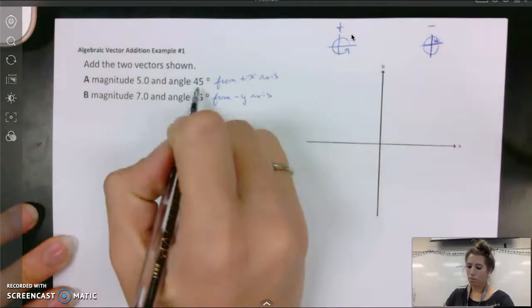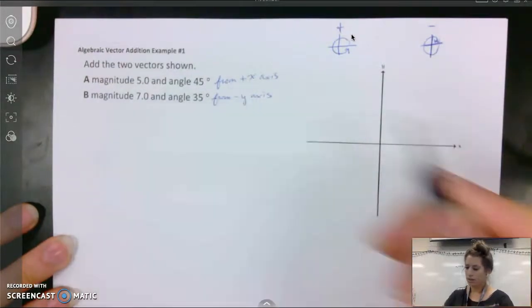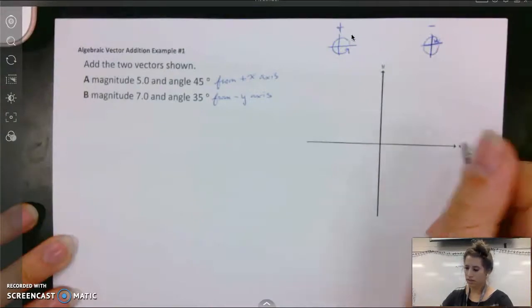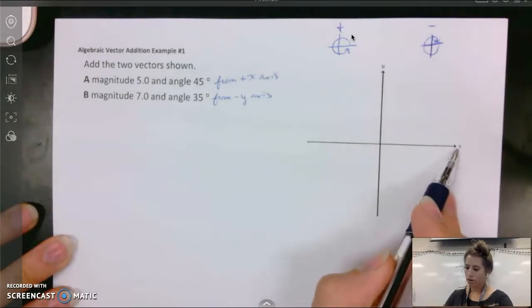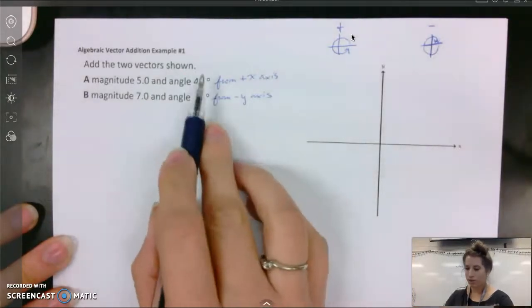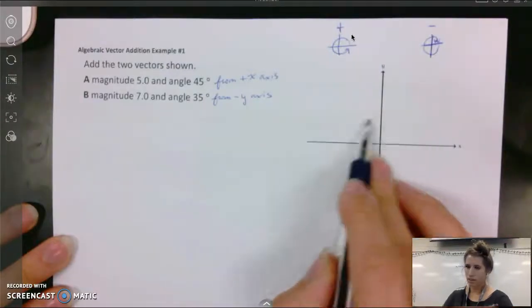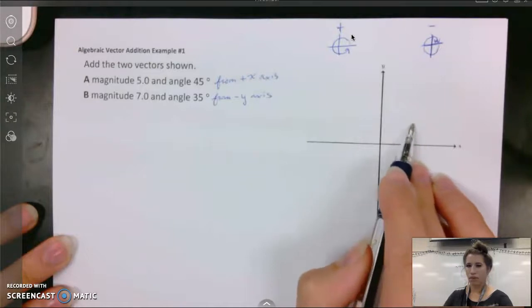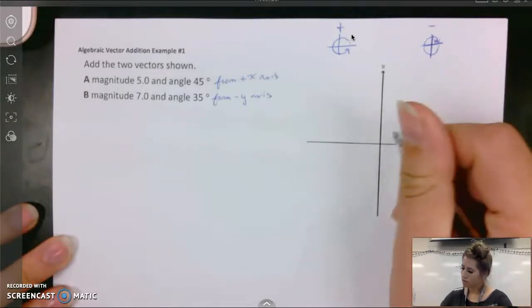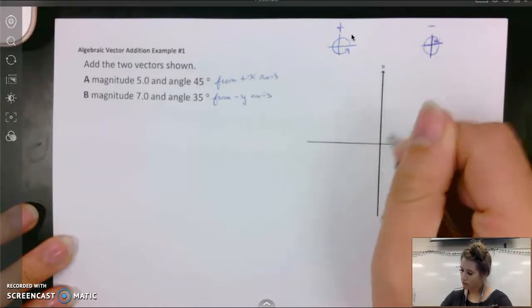So if we're going positive 45 degrees from the positive x-axis, well, here's the positive x-axis, this is the negative x-axis, and we're going to go a positive 45. Well, positive is this way. So I'm starting at my x-axis, I'm going to go this direction, but I'm going to go 45 degrees.